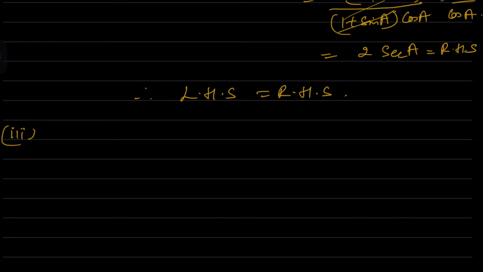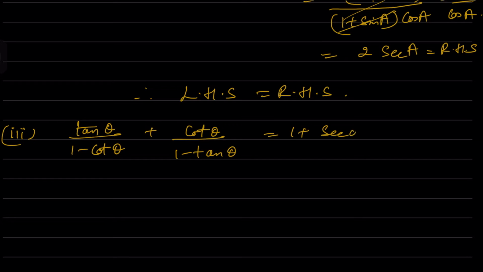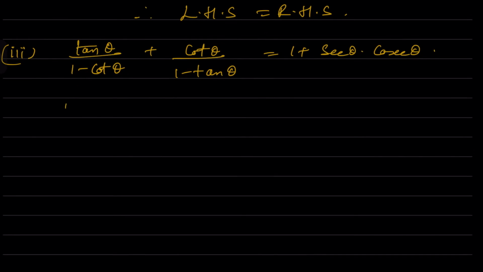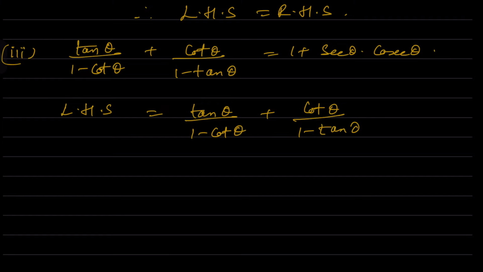Next, the third one: you are having tan theta by 1 minus cot theta plus cot theta by 1 minus tan theta is equal to 1 plus secant theta into cosecant theta. So LHS is equal to tan theta by 1 minus cot theta plus cot theta by 1 minus tan theta.